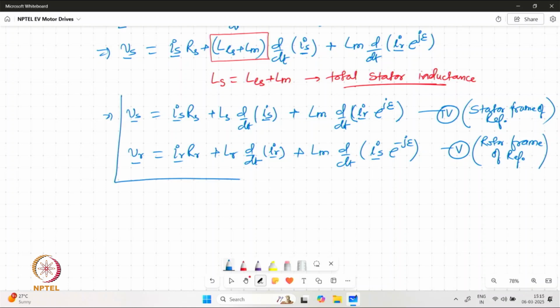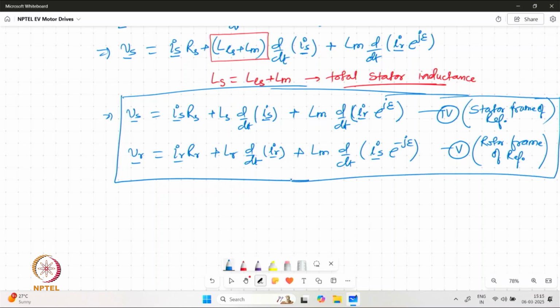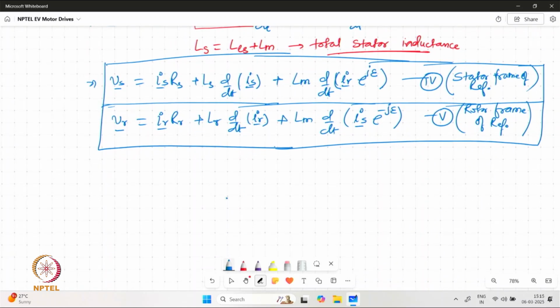So what we find over here is that for a general cylindrical rotor machine, we essentially have two equations which are in vector form, and these are relating to the quantities which are on the stator and rotor side, and based on the specific need for a particular machine, for example, this general equation can now be taken in different forms based on what type of machine we are dealing with.